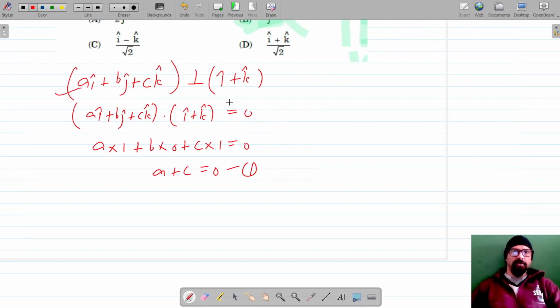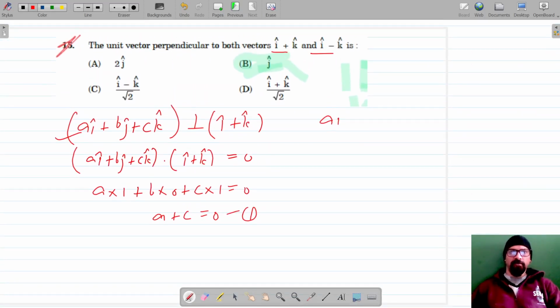Now this unit vector a i cap plus b j cap plus c k cap is also perpendicular to i cap minus k cap.